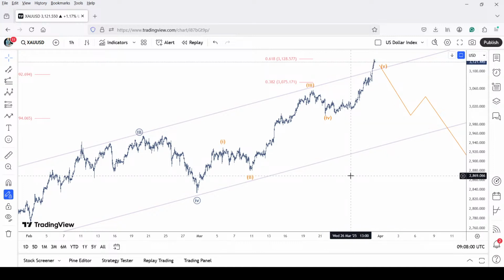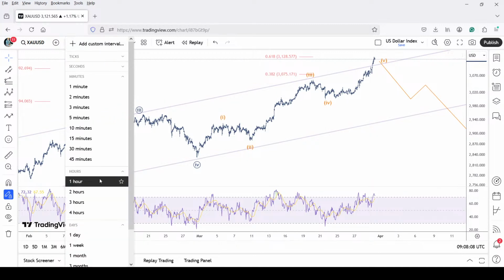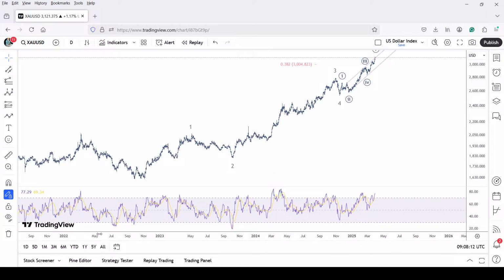And the second reason is the divergence. It's not a very clear divergence on the hourly chart, but on the daily chart, yes, it is lagging. It's clearly lagging behind the previous high.